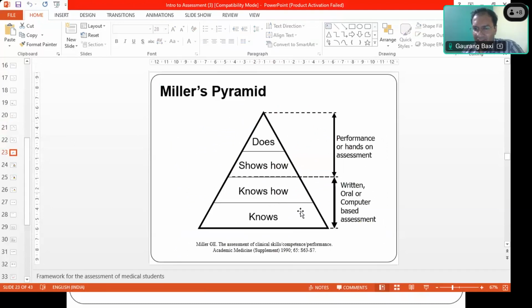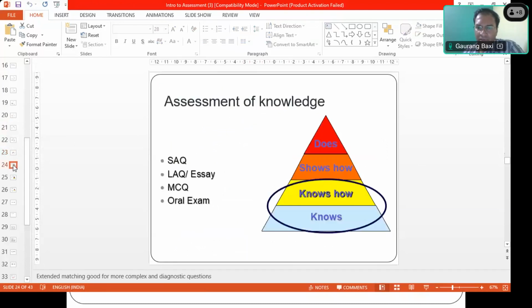For assessment of knows and knows how, we have all the written, oral and computer-based assessment methods. And above that comes the shows how and the does. For these we have the performance or hands-on methods. For knows and knows how, we have MCQs, SAQs, LAQs, essay type questions, oral examination, vivas, and they are ultimately assessment of knowledge.